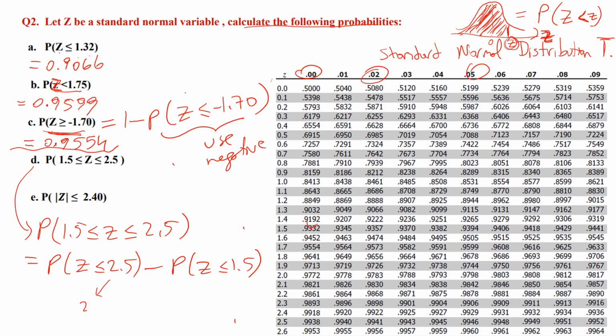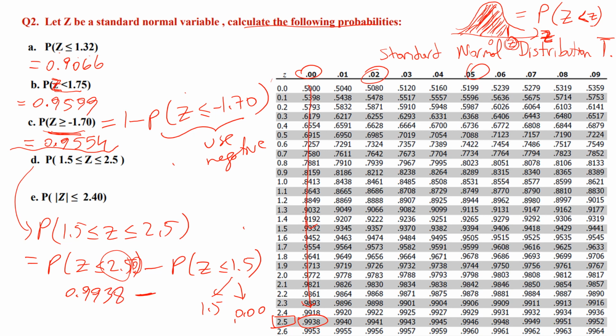It has two parts, 2.5 and 0.00. For 2.5 it's here, and 0.00 is here, so it's 0.9938.